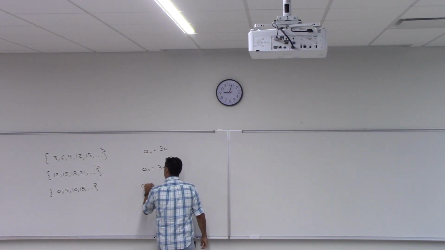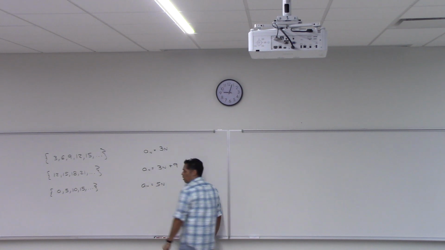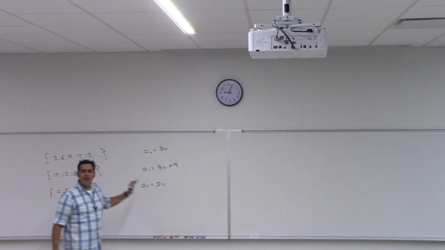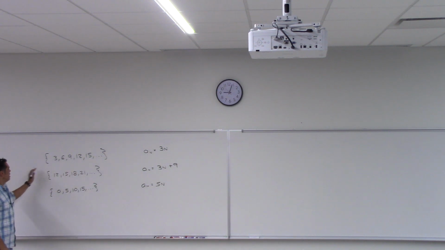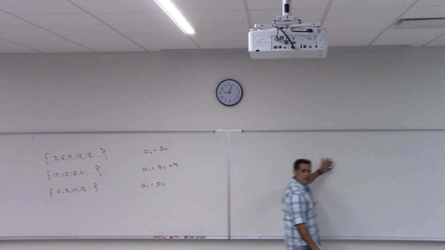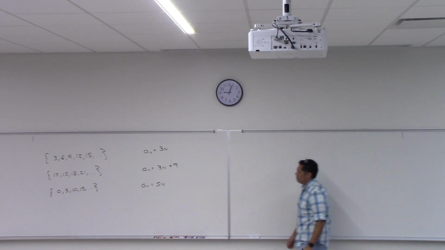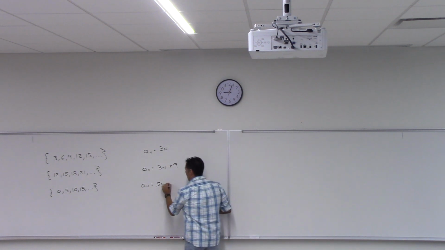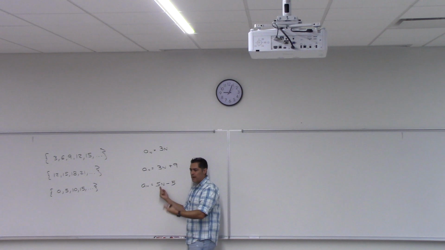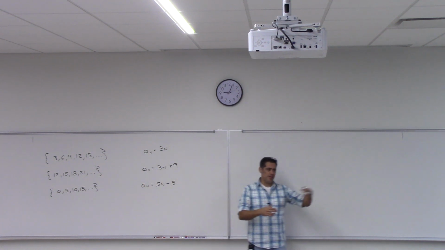And that won't work, will it? Okay, so what do I need to do? I need to subtract 5. Subtract 5. That way when I plug in 1, I get 5. Take away 5, I get 0, so I get my first one. All right, and then they'll just keep going up.